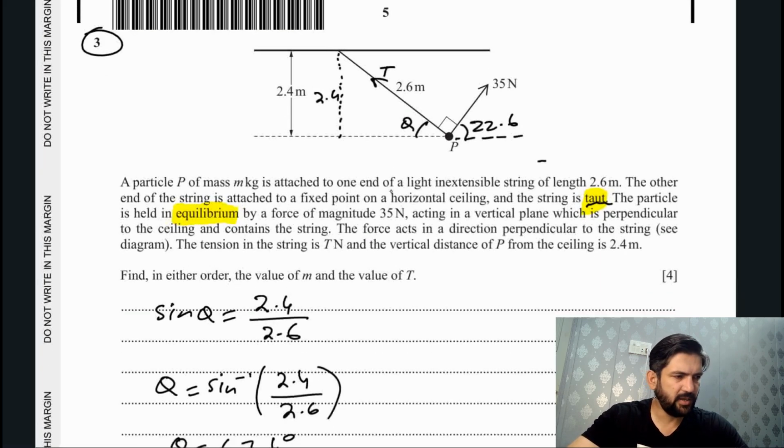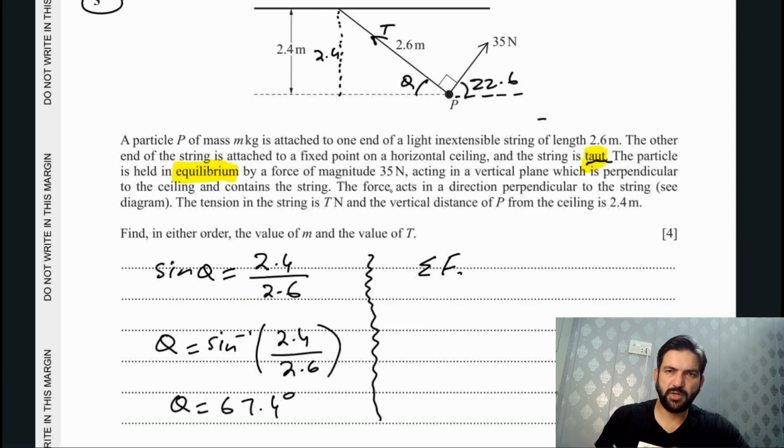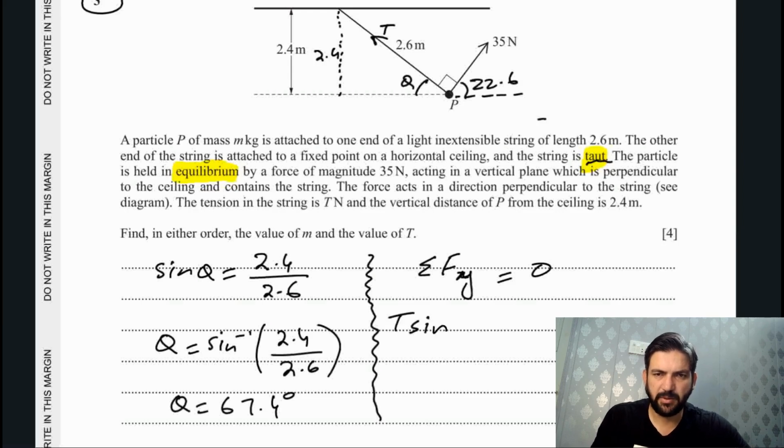So this force, if we resolve it into horizontal and vertical components, first of all we know that the system is in equilibrium, which means summation of Fx and summation of Fy is equal to 0, and the vertical component for the T will be T sine of 67.4.